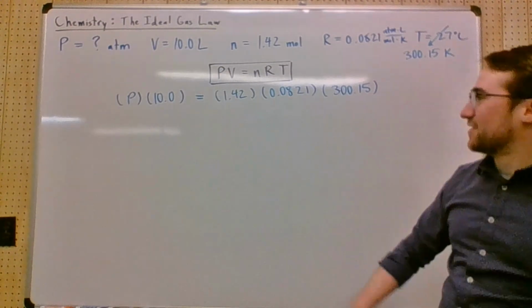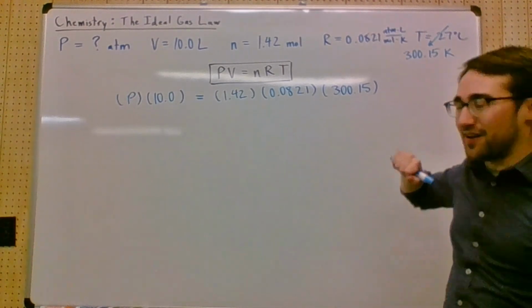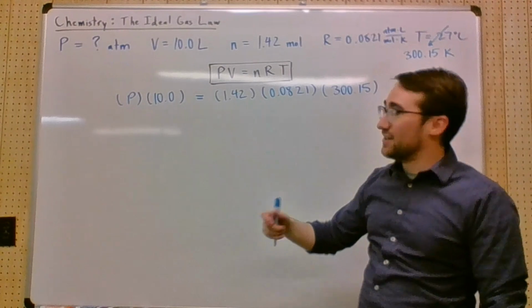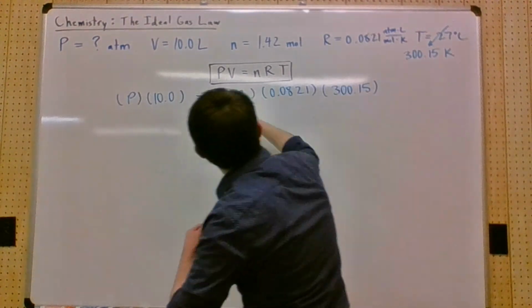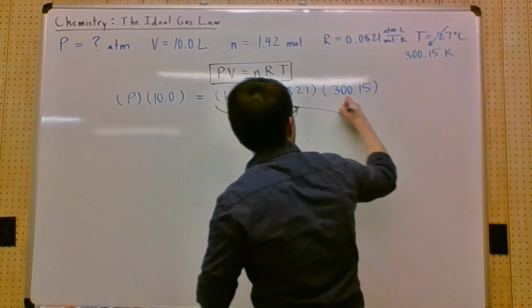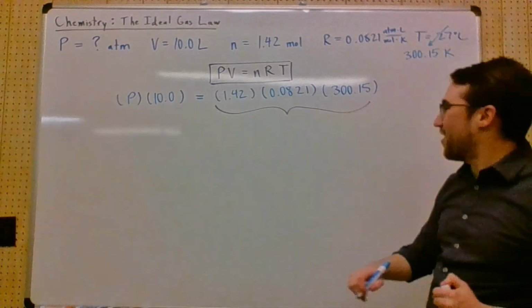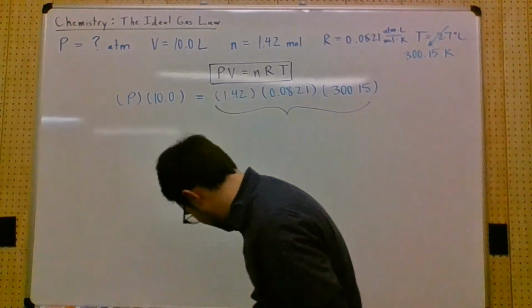Okay, so to solve for pressure, I want to condense all these numbers here. And I also want to get this away from my pressure value. So let's do that. I'm going to condense these first. Multiply 1.42 times 0.0821 times 300.15. Calculator.